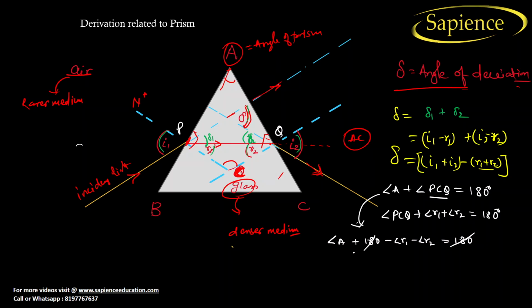So the angle of prism can be written as R1 plus R2. Now put this here. Finally, the angle of deviation is equal to I1 plus I2 minus the angle of prism, right? So this is considered as the angle of deviation. Got it?